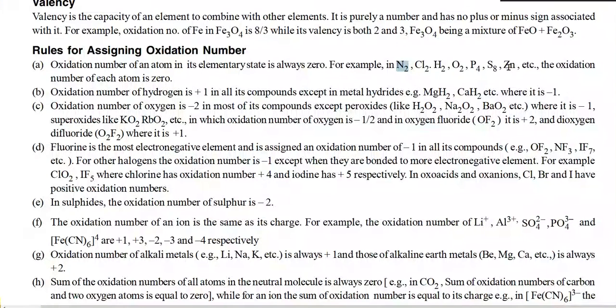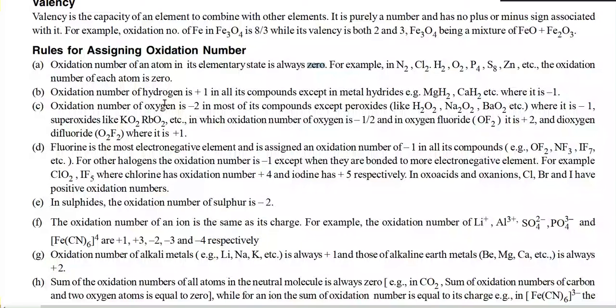For these molecules and single atoms, the oxidation state is always considered 0. Please remember, for nitrogen gas the oxidation number is 0. For chlorine gas, 0. For phosphorus, it is 0. Sulfur, 0. The oxidation number of each atom is 0.